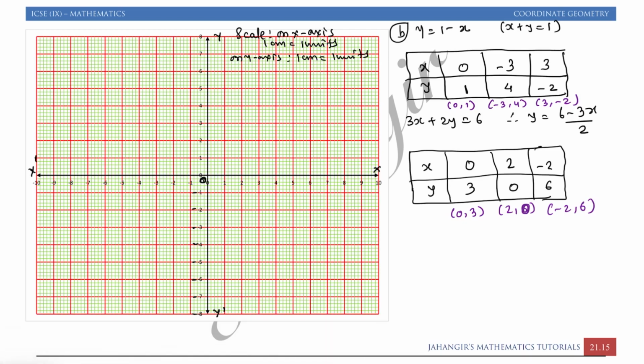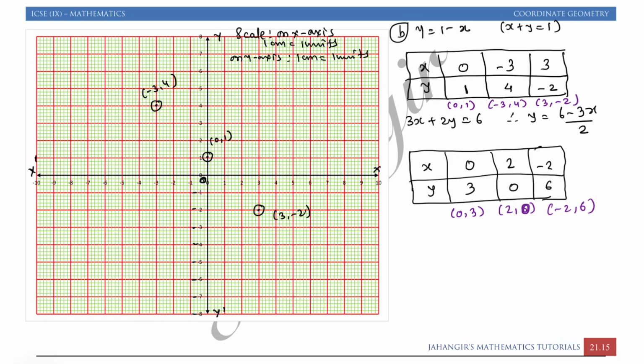So let us start plotting 0, 1. It lies on y-axis. It's over here. This is 0, 1. Then minus 3, 4. Then third is 3, minus 2.